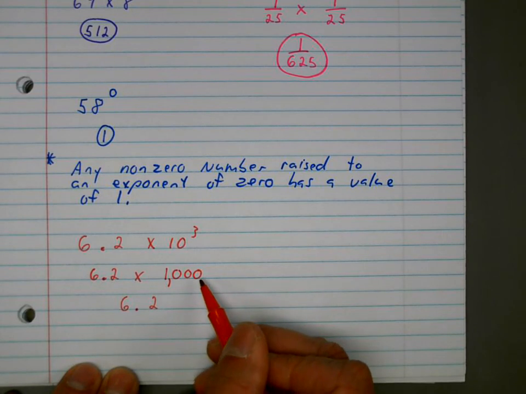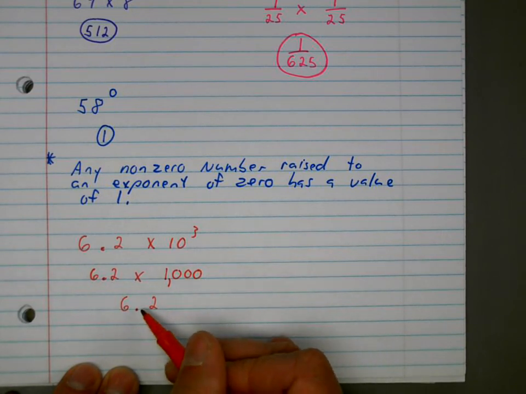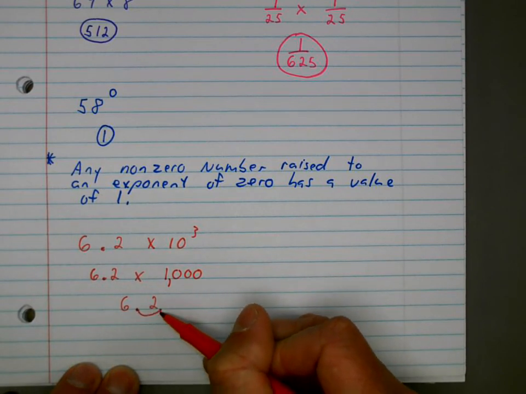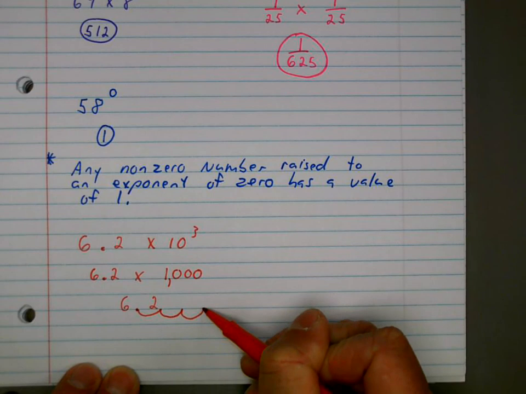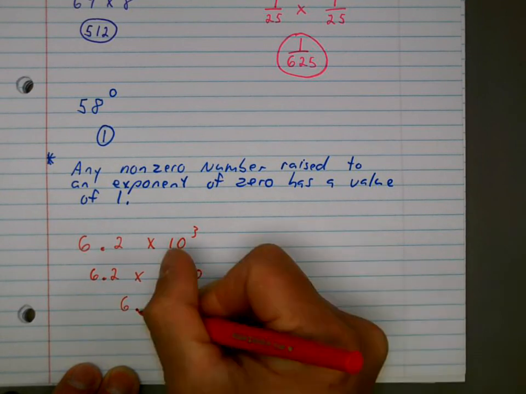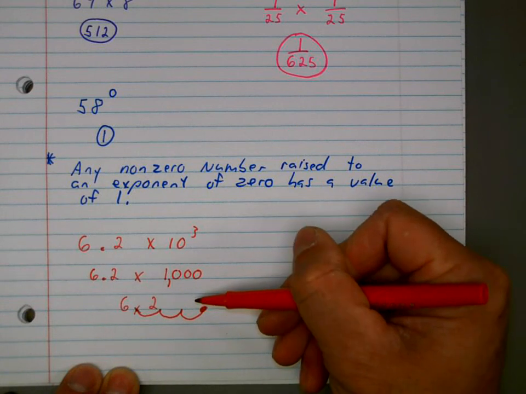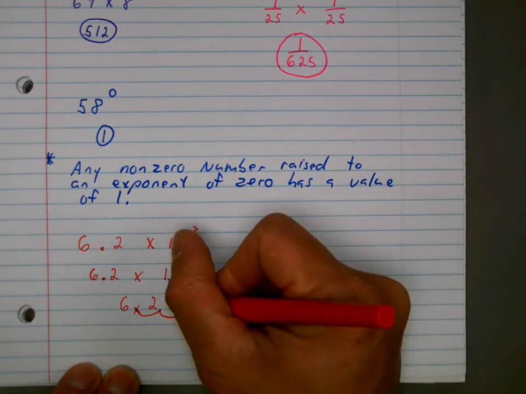Since there's 3 zeros, how many times am I going to move that? 3 times. So I'll put my pencil on that decimal, and I go once, twice, 3 times, and I put my new decimal, I X out my old one, and if I have any spaces with no digits, I'll fill those in with zeros.